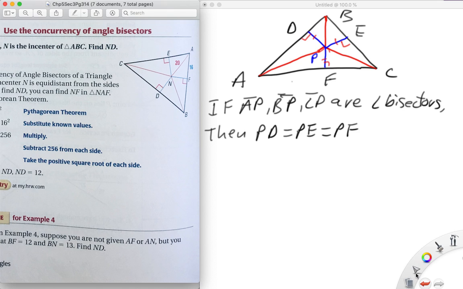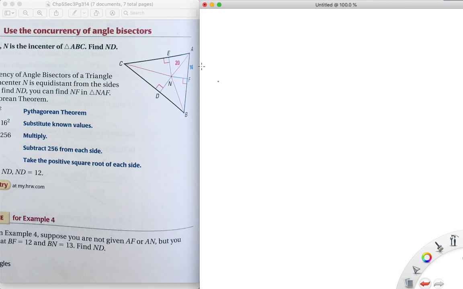If I was to write this out, it kind of looks like this. We have BF, and then we have BN. I know it's a right triangle. And it says that BF is 12, BN is 13. This is the Pythagorean theorem.